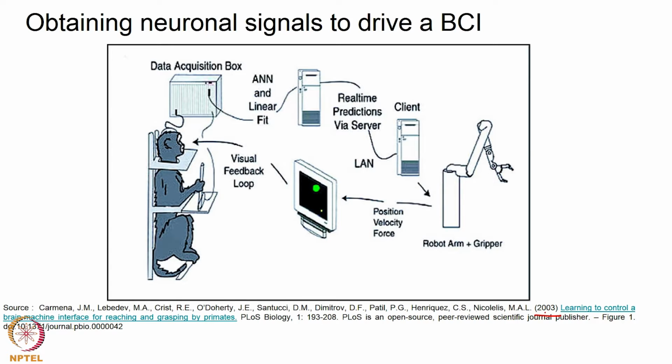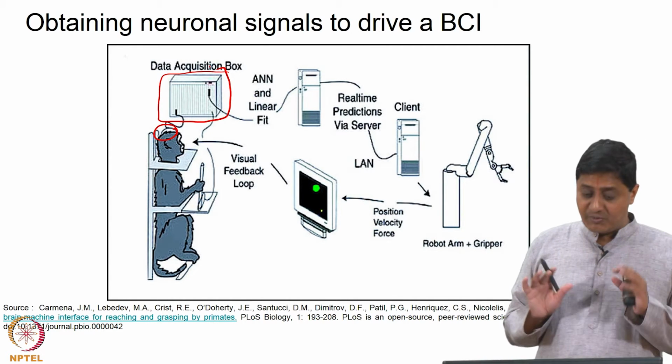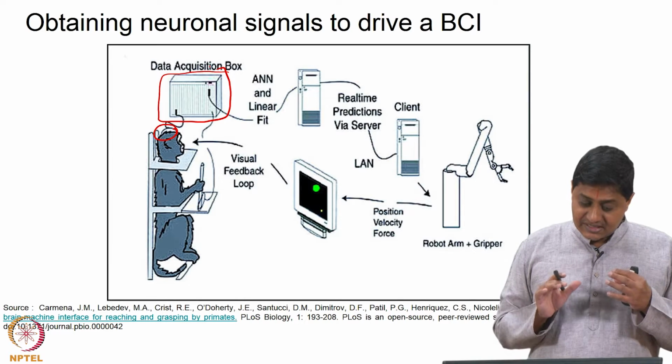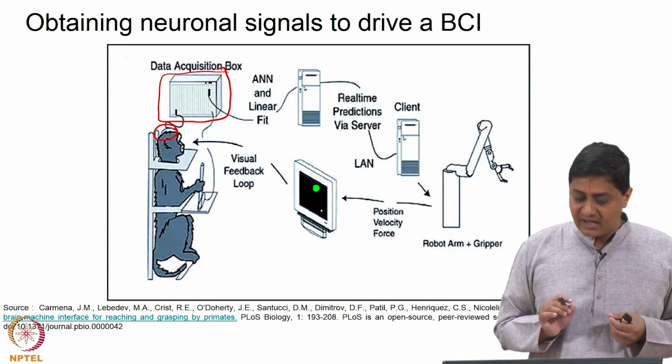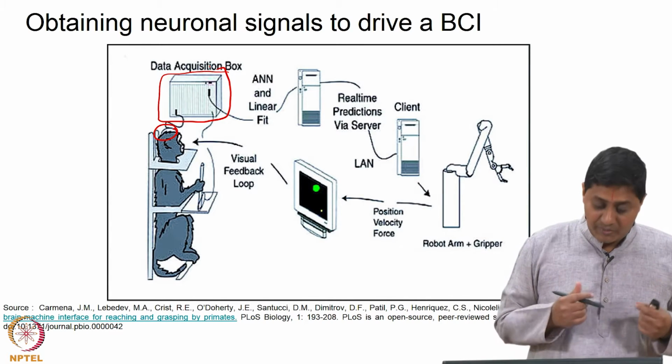So, the monkey's intentions are recorded. This is from implanted electrodes and from a relatively advanced data acquisition box. So, these are the challenges that we will have to overcome. The system that we make must be portable, must still be very effective and have high computational power, is it not?